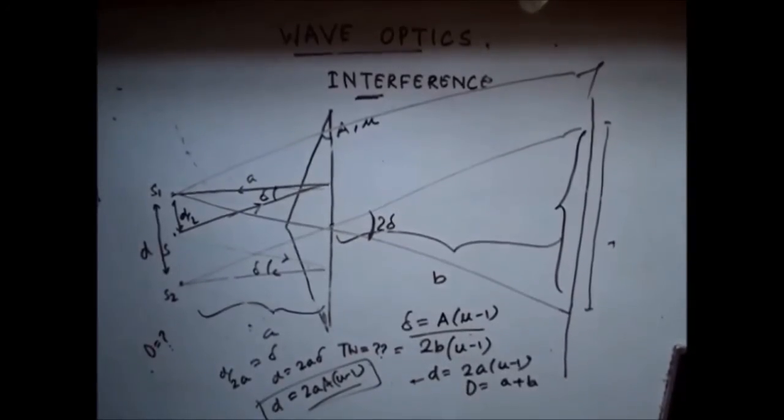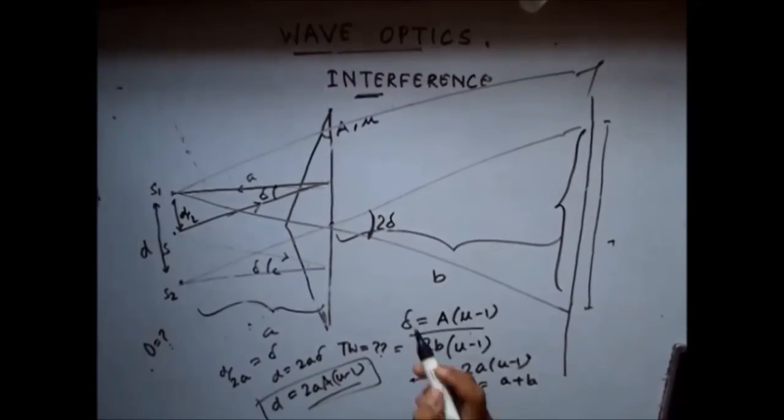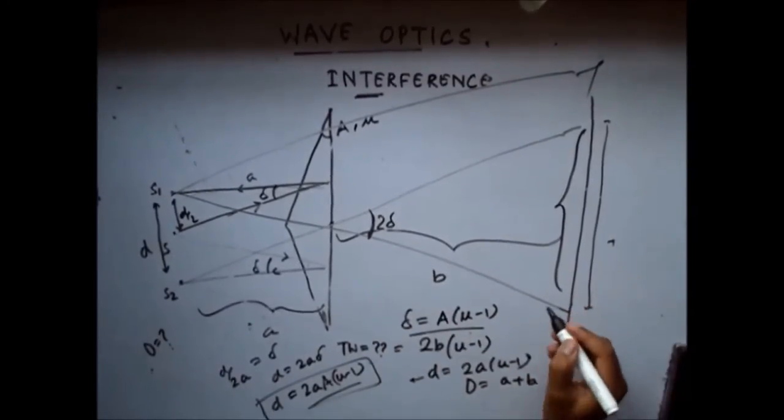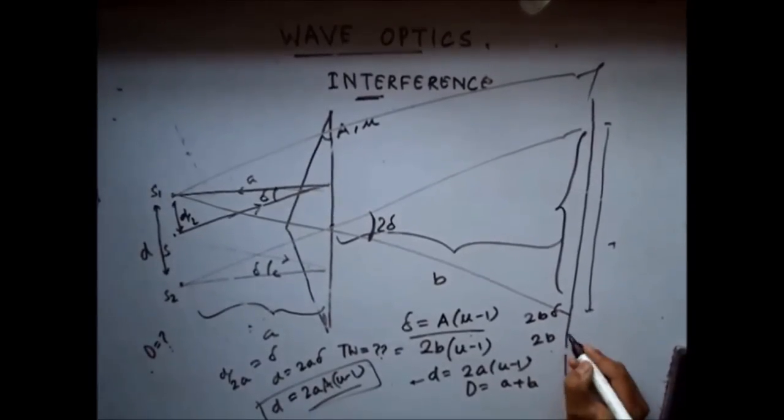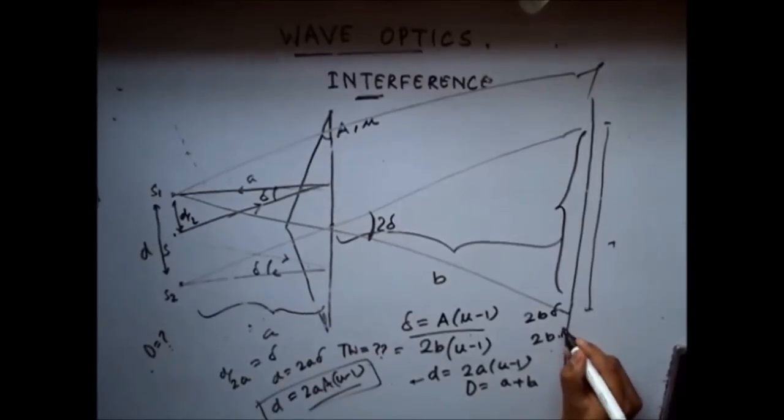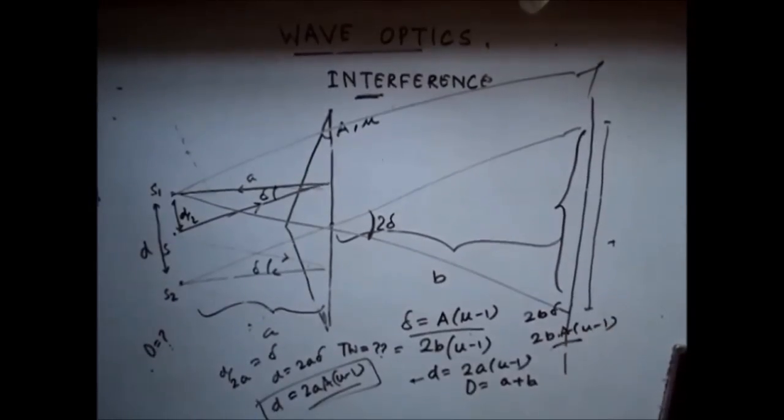So when this angle is 2 delta, I can say that this total width is 2B delta, or 2B delta I can write as 2B times mu minus 1.